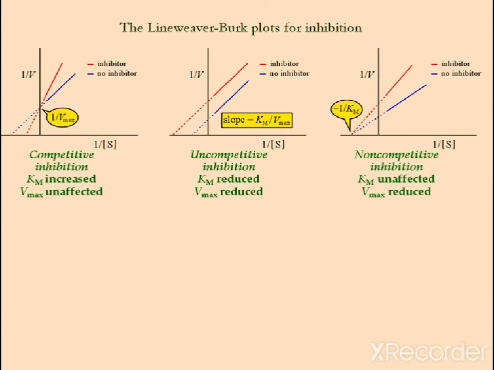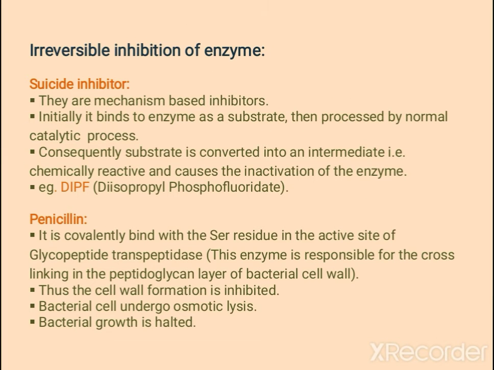Hope that all these things are clear to you all. Now, coming to the irreversible inhibition of enzyme. At first, start with the suicide inhibitor. Suicide inhibitors are mechanism based inhibitors. That means they bind with the enzyme behaving like a substrate.